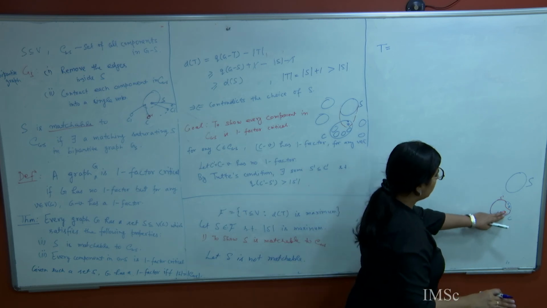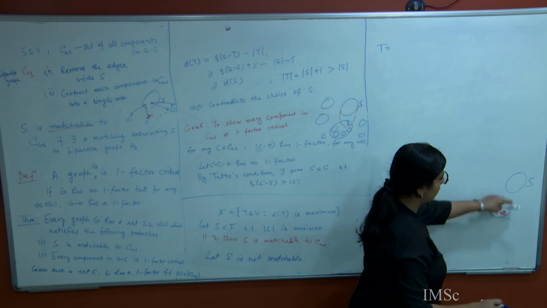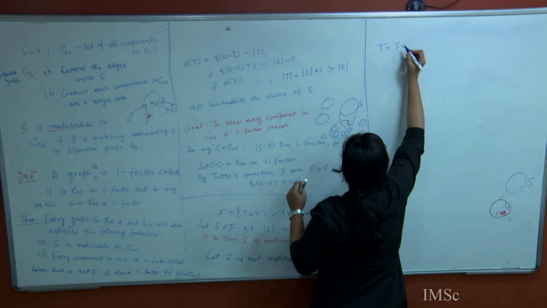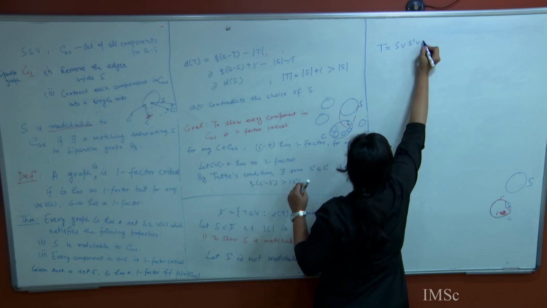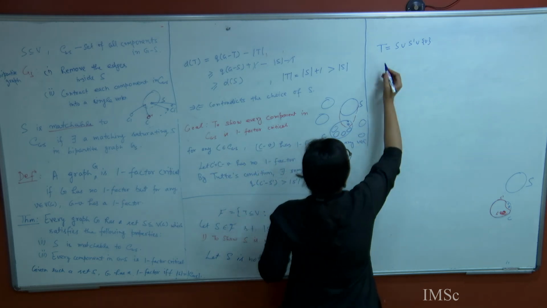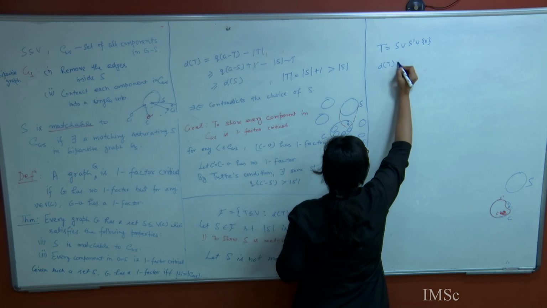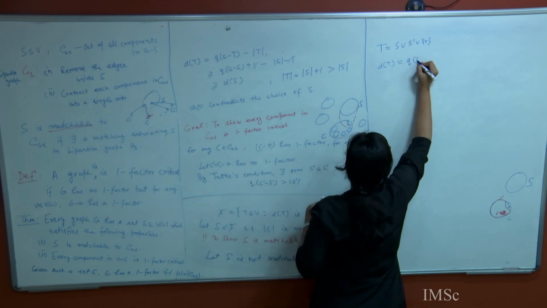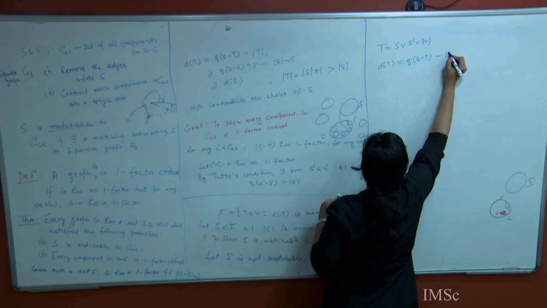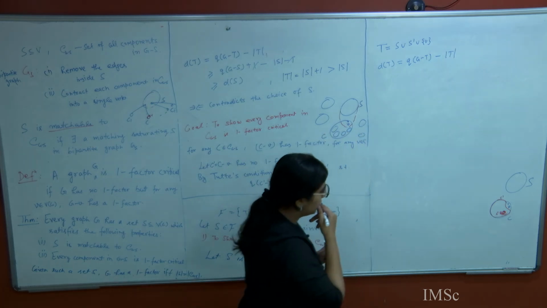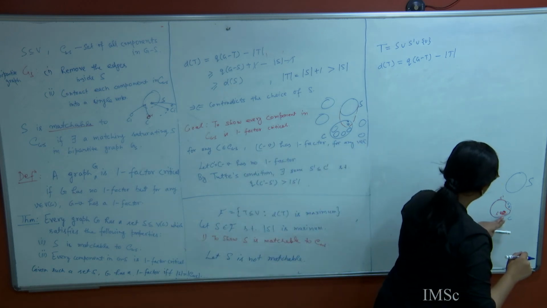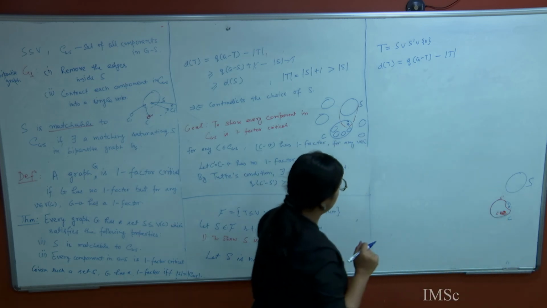I am just pushing this S prime also inside this S. So, my T is S union S prime union this vertex set V. Let us look at the measure of this, Qg minus T minus cardinality of T. I want to look at this. But first look at this set S prime.